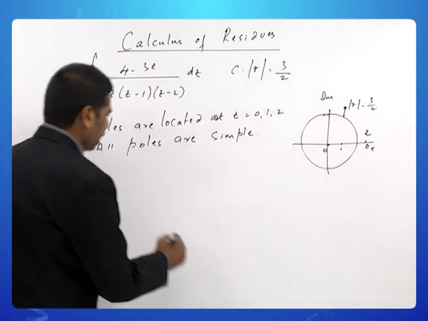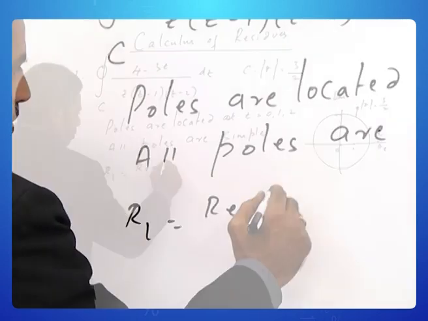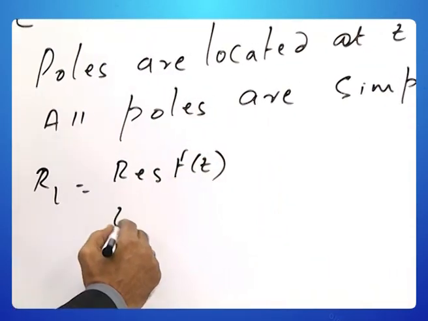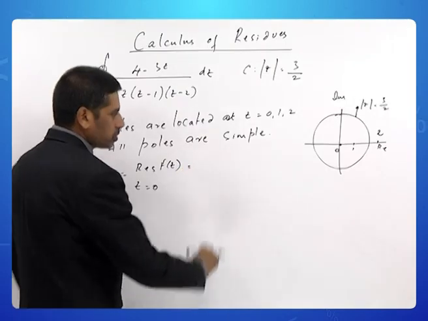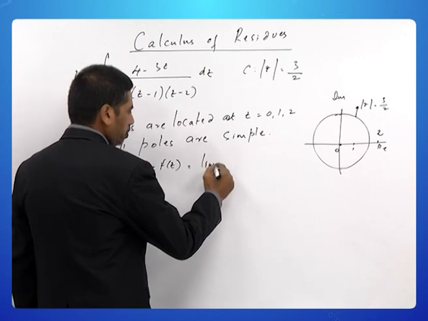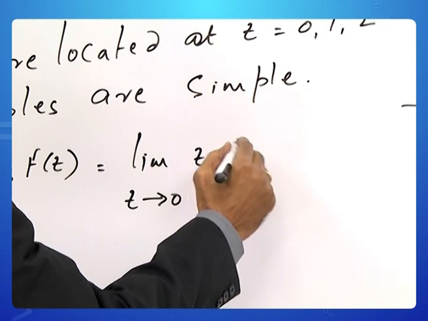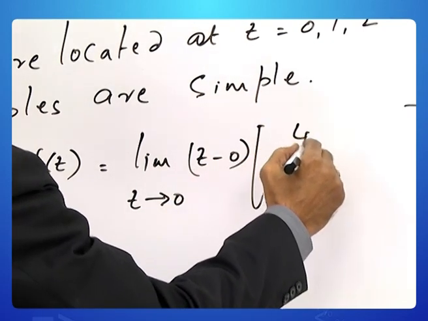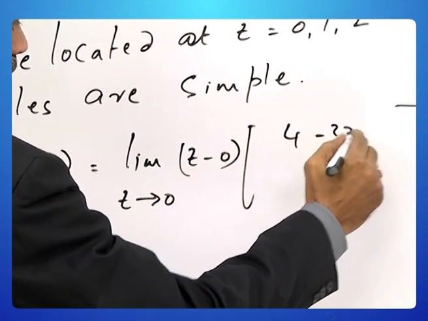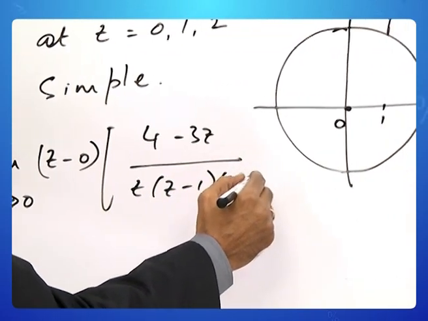So let's calculate R1, which is residue of f of z at z is equal to 0. And we know the residue formula for simple poles, limit z tends to 0, z minus 0 into (4 minus 3z) by z into (z minus 1) into (z minus 2).